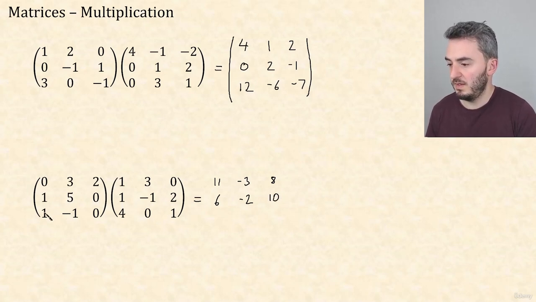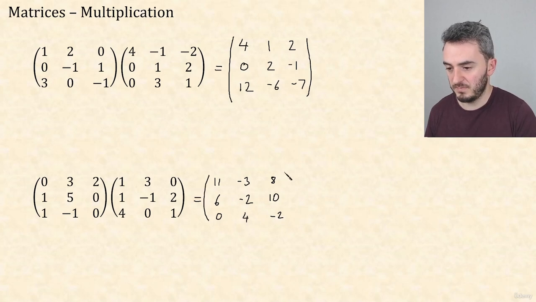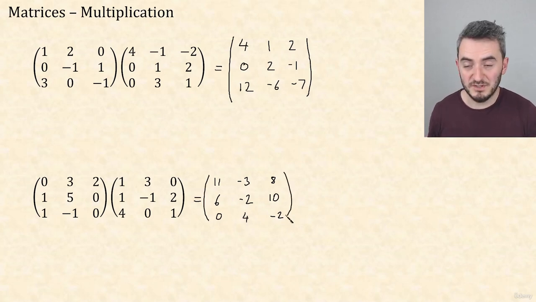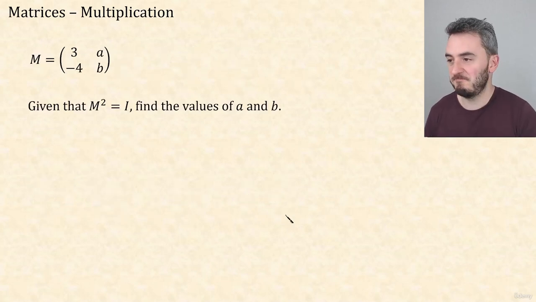Last row. 1 -1 plus 0 is 0. 3 plus 1 plus 0 is 4. And finally, 0 -2 plus 0 is -2. And that's multiplication of 3 by 3 matrices.